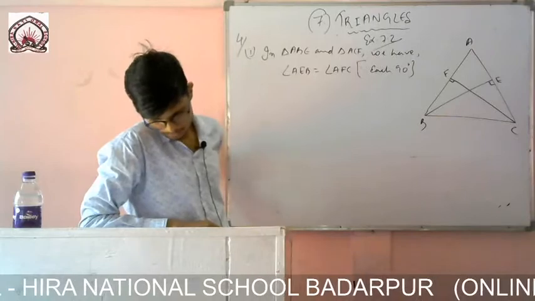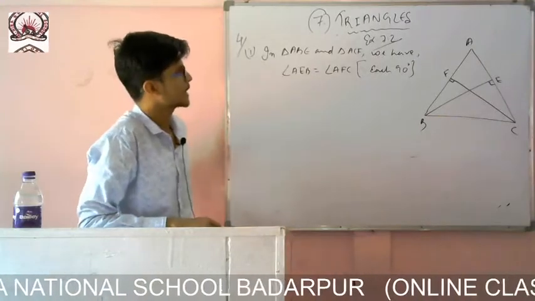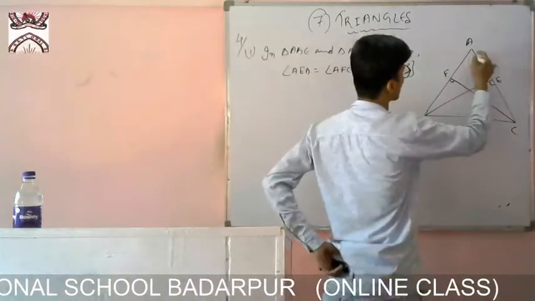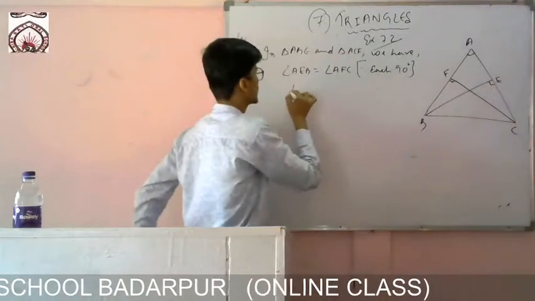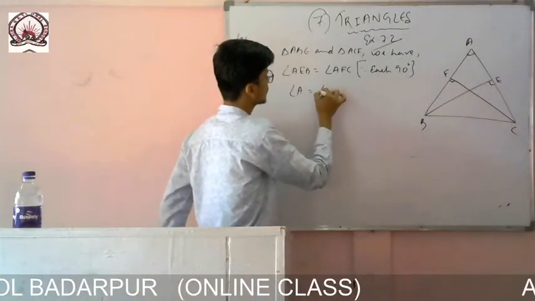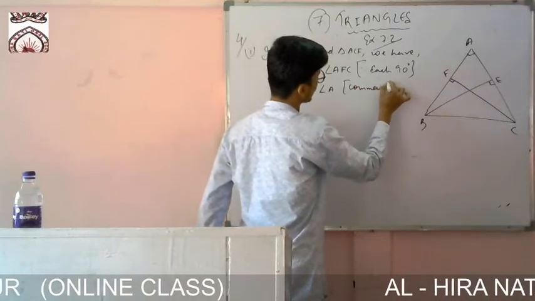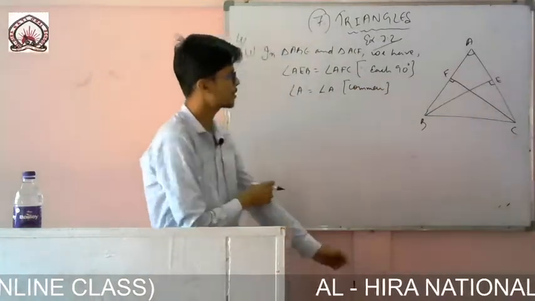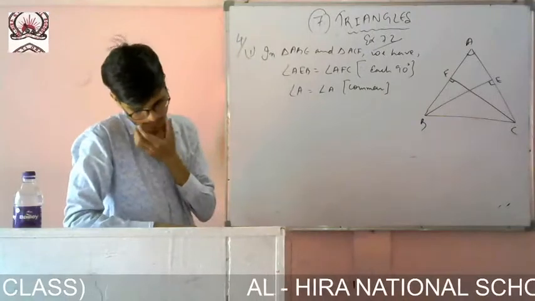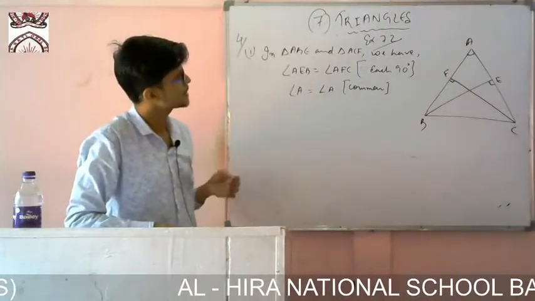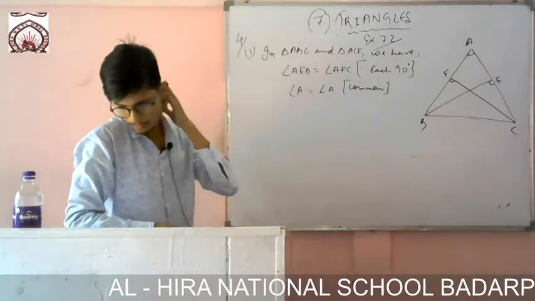Okay, so now you see the common angle in both the triangles is angle A. There is no common side, so angle A will be equal to angle A, common angle for both. And BE is equal to CF.